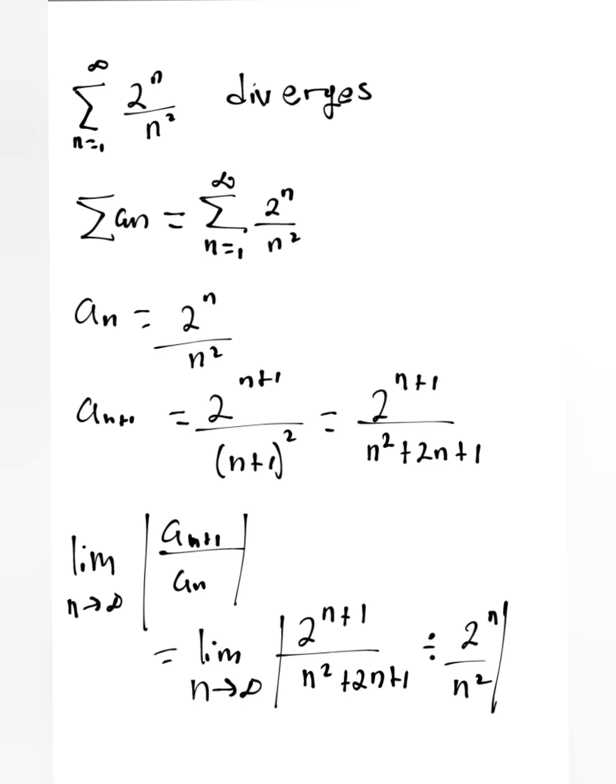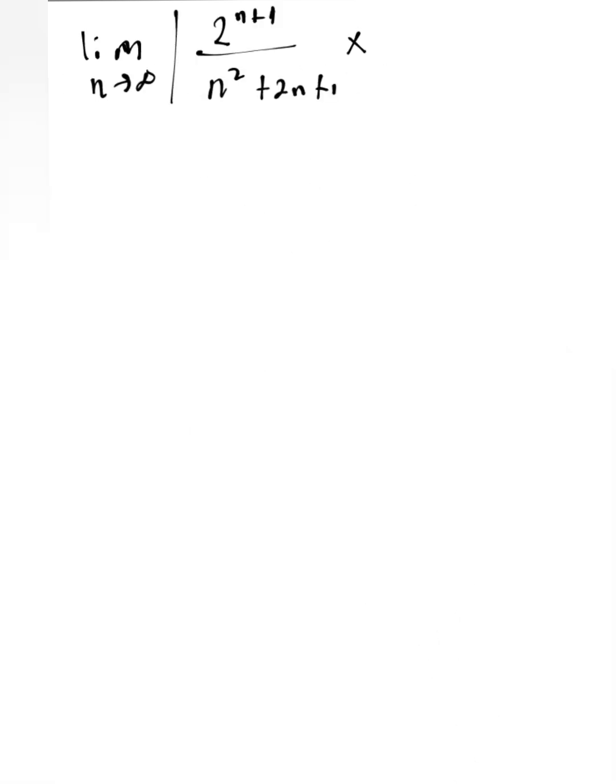So this gives us the limit as n tends to infinity of 2^(n+1) all over n squared plus 2n plus 1 times. Now the expression we have above, we are going to take the numerator down and the denominator up, turns the sign to times. So we're going to have times n squared over 2 raised to the power n.